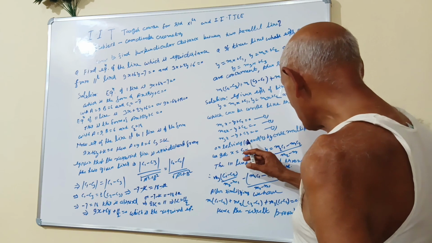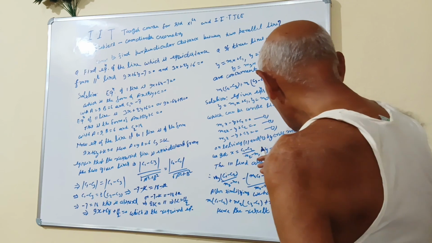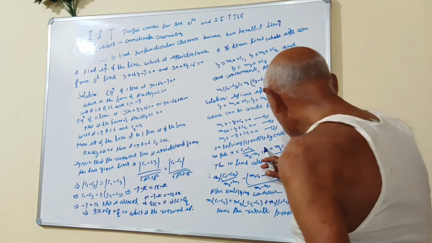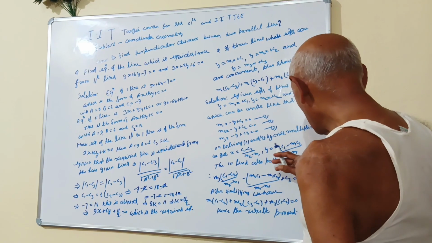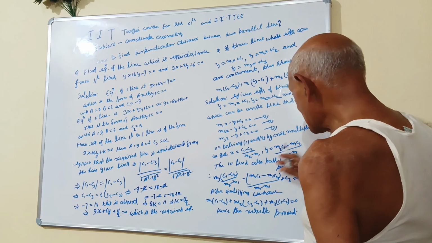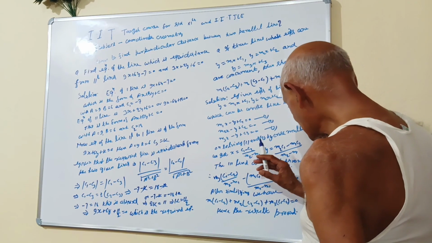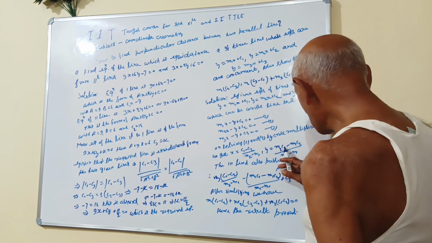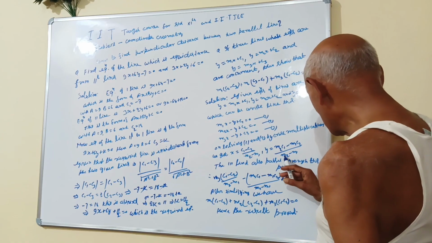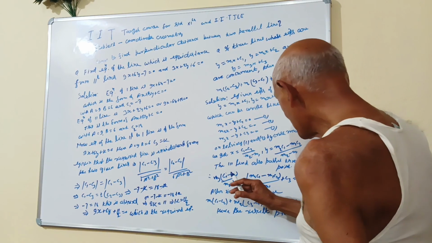On solving the first and second by cross multiplication, we get x equal to (c1 minus c2) by (m2 minus m1), y equal to (m2 c1 minus m1 c2) by (m2 minus m1).